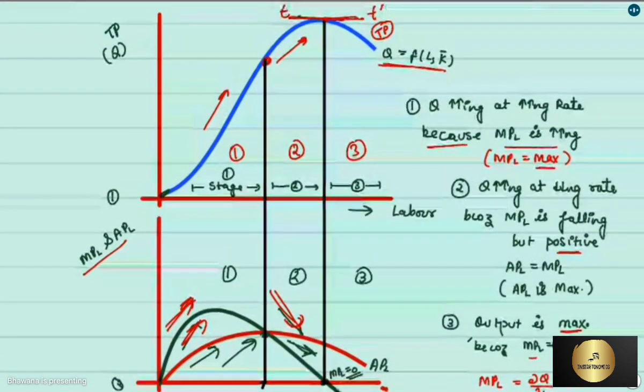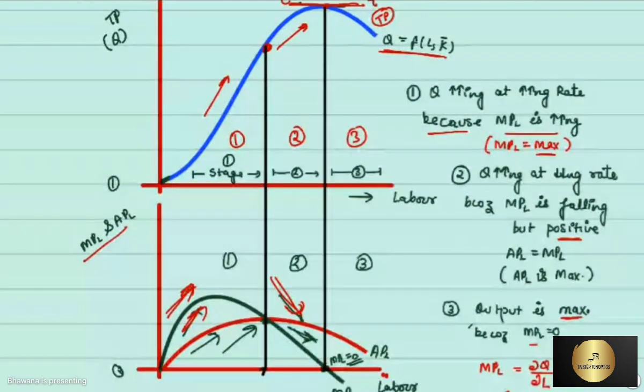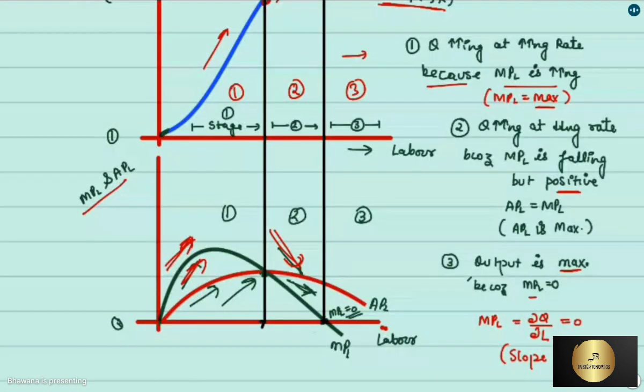So you can say that at the end of second stage, your output is maximum because your MPL becomes 0 at this stage. And after that, if you increase the labor input, your total product starts falling. Okay, because beyond this particular point, let's say A, your MPL becomes negative. And when your MPL becomes negative, if by keeping the capital constant you increase the labor input, your total output will start falling.